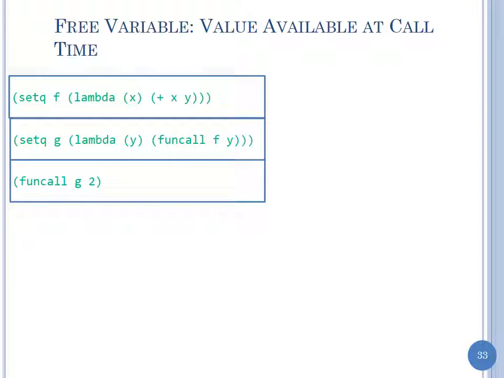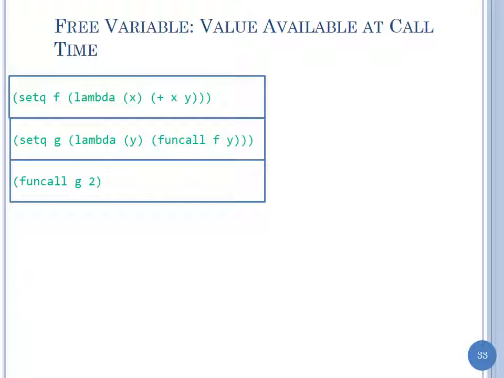Okay, what do you think is going to happen here? There is no y in the global environment when I define my lambda. There will never be a y in the global environment. But after that I create a function called g, which has a parameter called y, and that g calls f and passes its y as the parameter that's bound to f's x.